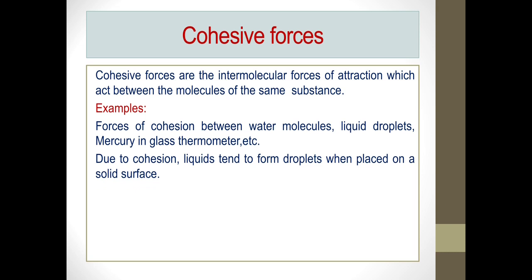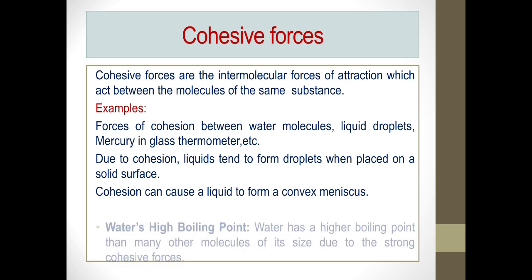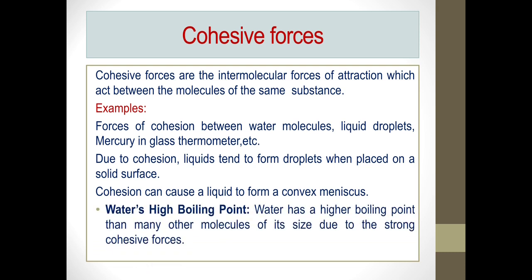So as I said, because of the cohesive force that exists in the liquid molecules, the liquids tend to form droplets when they get spilled on a solid surface. And when you take some water or a liquid in a test tube, they form a convex meniscus. This convex meniscus, or the lower meniscus, is because of the cohesive force between the molecules.